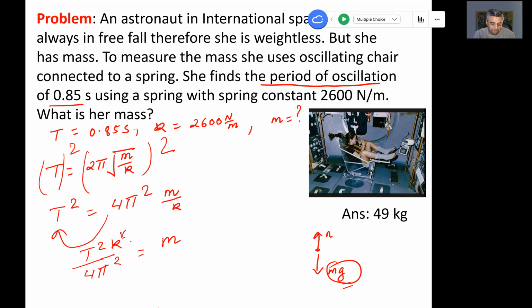I moved k. So now it's just a matter of plugging in the numbers and getting the mass. And it looks like we are getting 49 kilograms. See, you can keep track of your mass using that technique.